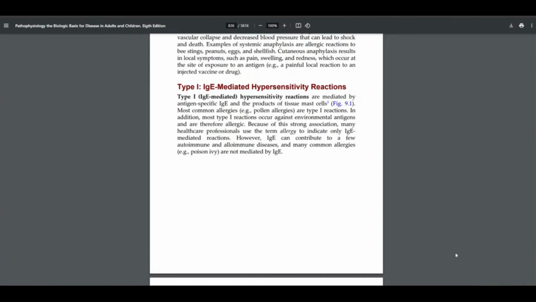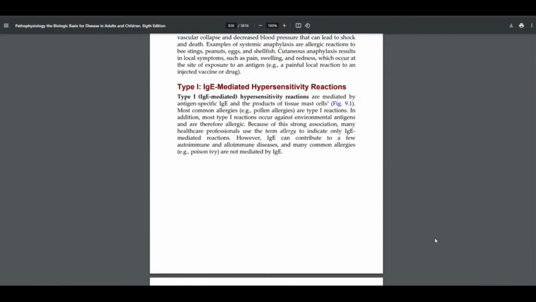Type 1 IgE-mediated hypersensitivity reactions are mediated by antigen-specific IgE and the products of tissue mast cells. The most common allergies, like pollen allergies, are type 1 reactions. In addition, most type 1 reactions occur against environmental antigens and are therefore allergic.